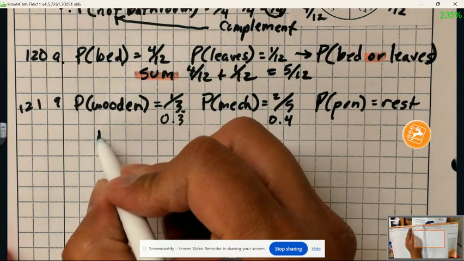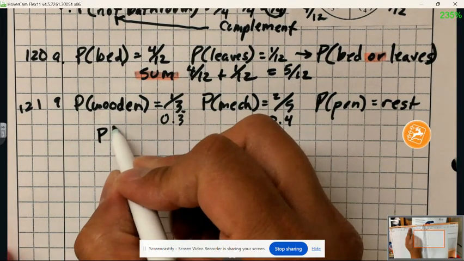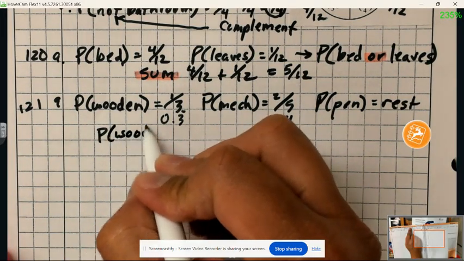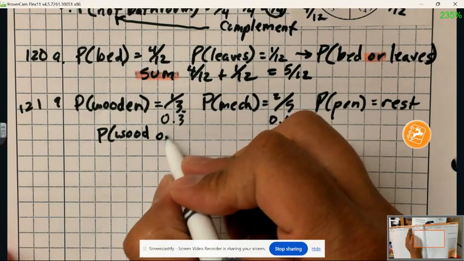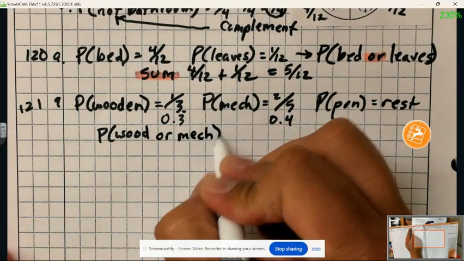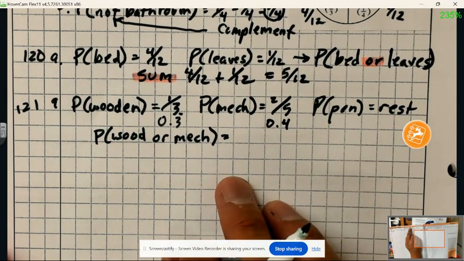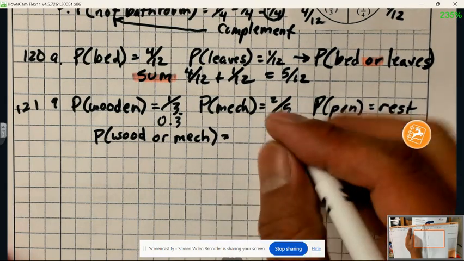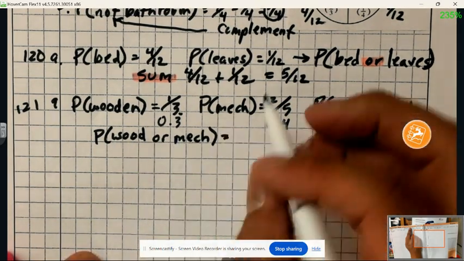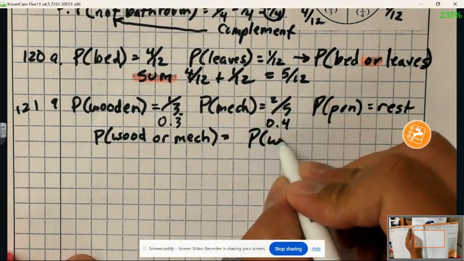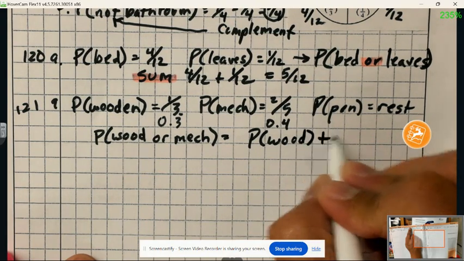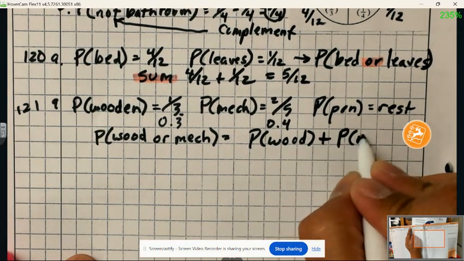What is the probability that that pencil is going to be wooden or mechanical? And again, we're going to add those probabilities in order to find out the probability of wooden or mechanical. So this is the same thing as the probability of a wooden pencil plus the probability of a mechanical pencil.